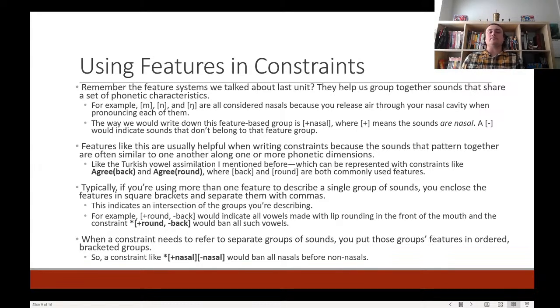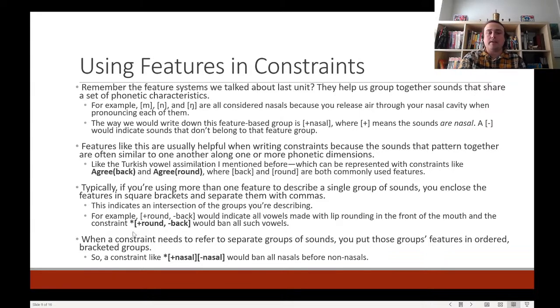When a constraint needs to refer to separate groups of sounds, you put those groups' features in ordered bracketed groups. So this constraint I have here, star or asterisk plus nasal minus nasal, since we have these features in different square brackets, they're representing different sounds in this constraint. So what this constraint is saying is don't have a sound that is plus nasal followed by a sound that is minus nasal, right?